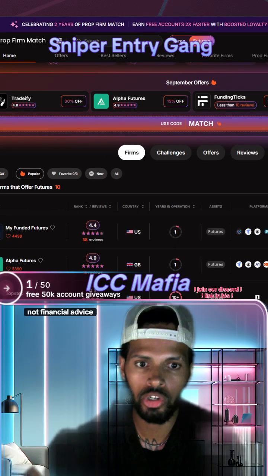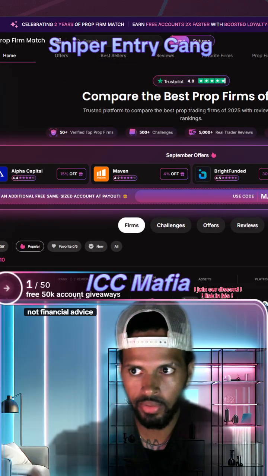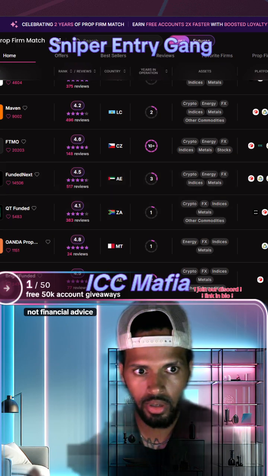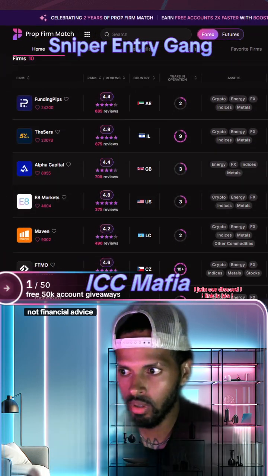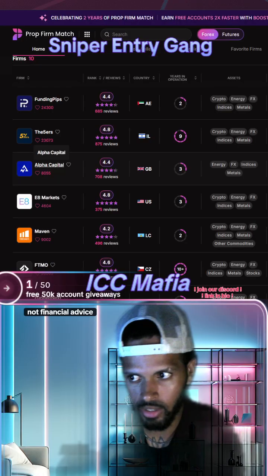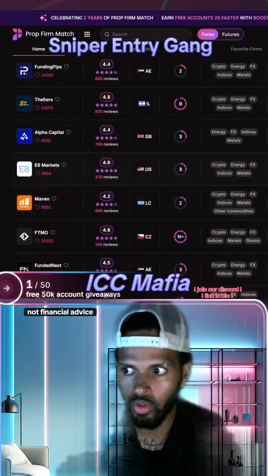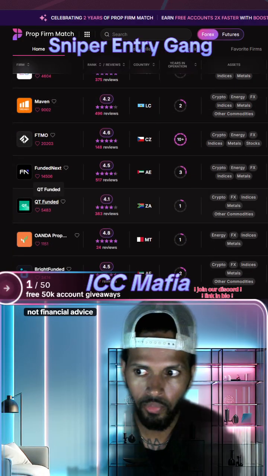Yes, you could do Forex trading. But when you do Forex trading, they're just a little bit more expensive than futures. So again, I like to use QT Funded when it comes to FX. I like to use Alpha Capital Group because they're just Alpha Futures but FX. So if I'm gonna use any Forex prop firms, the only 2 I'm using are Alpha Capital Group and Forex Prime.